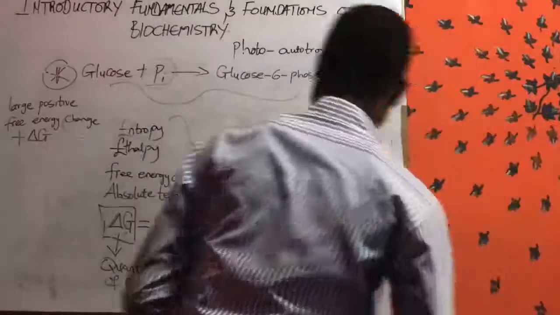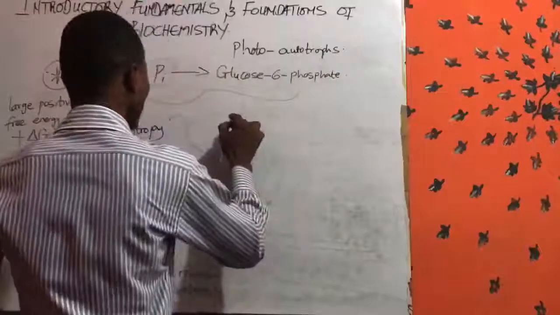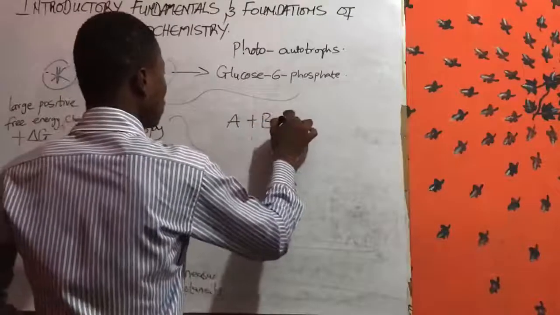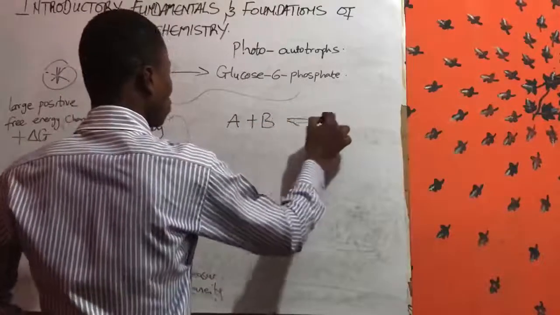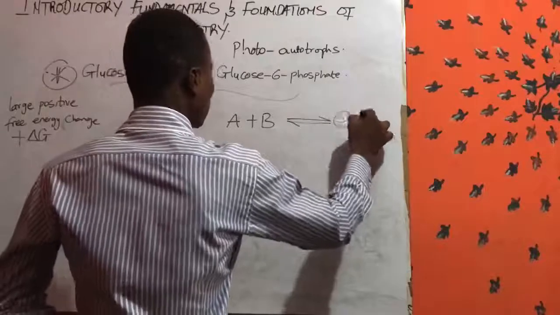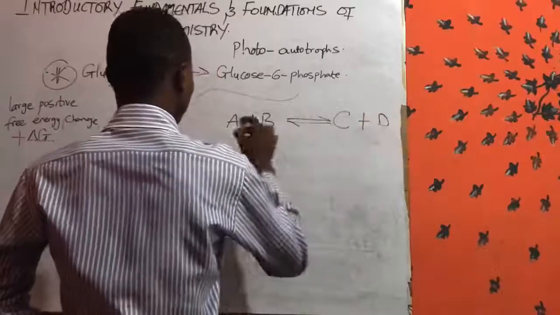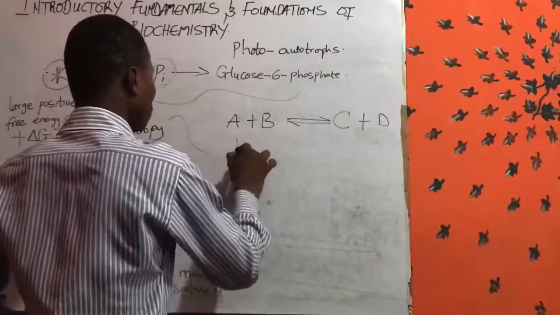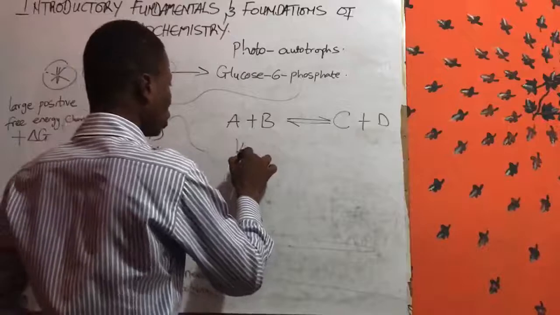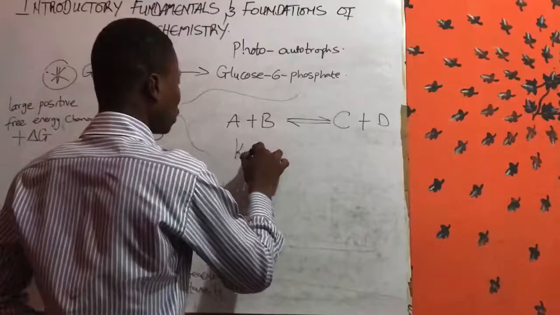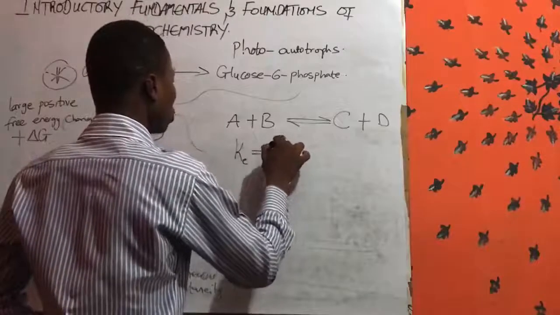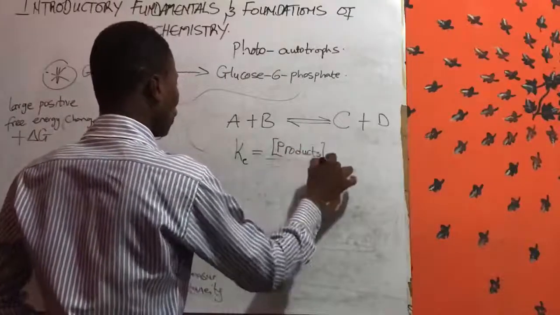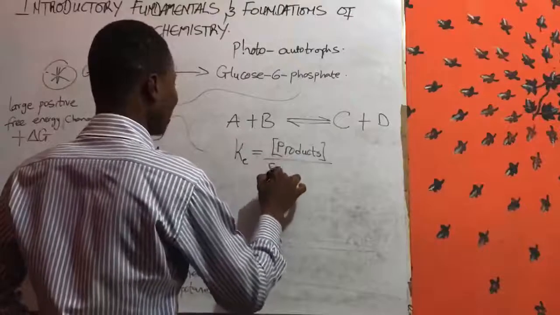For instance, if I have a reaction in this way, A plus B to give me C plus D. Now, you know that I have my equilibrium constant to be the concentration of product all over the concentration of reactant.